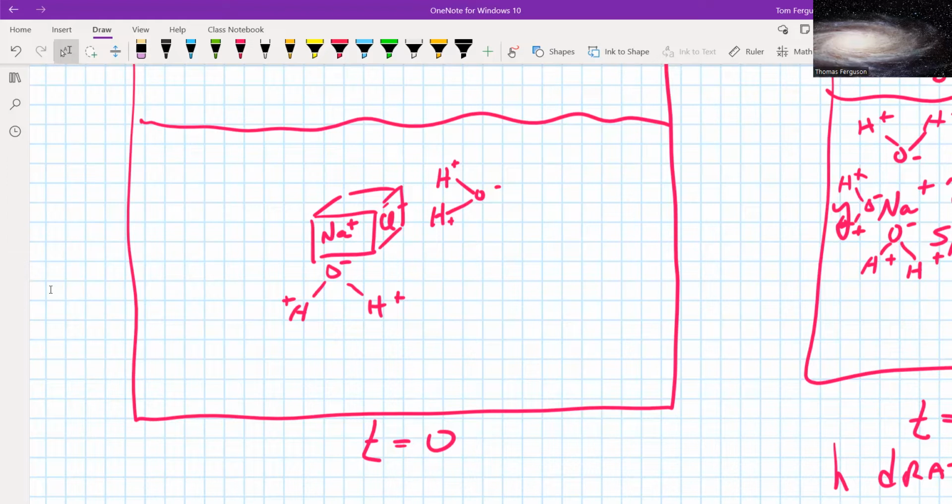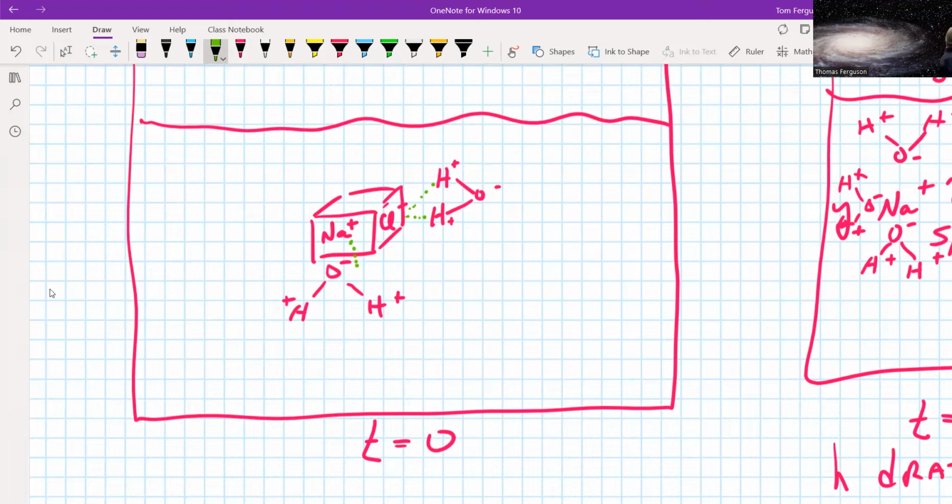So what's going on here is we have the positive aspects of the water pulling on that chloride. We have the negative aspect of the oxygen pulling on that sodium. And that's what pulls that crystal apart or makes it dissolve.